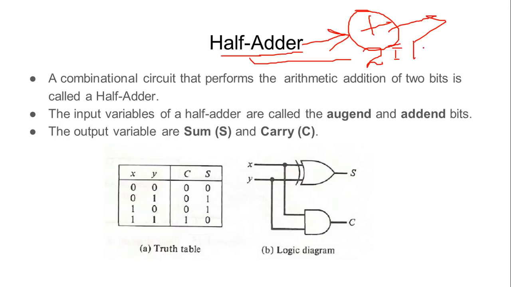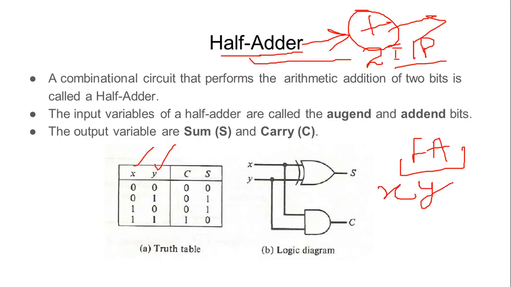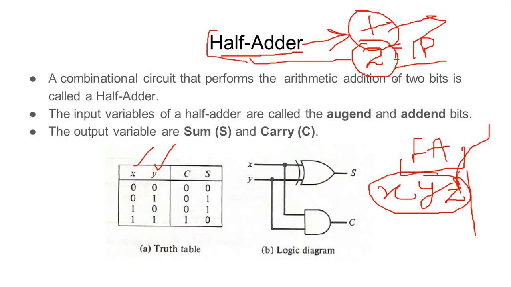Whenever we talk about half adder, only two inputs are taken, maybe x and y, as given in the truth table. And in case of a full adder, we have three inputs: x and y as inputs, and there is another input which is normally considered as the carry generated by the previous output. So the general key term is that in case of full adder, we are working with three input variables. In case of half adder, we only have two input variables.